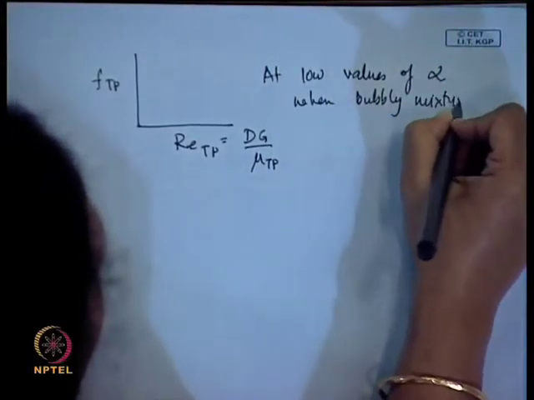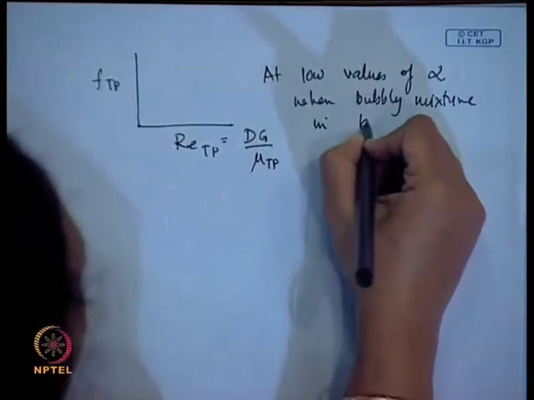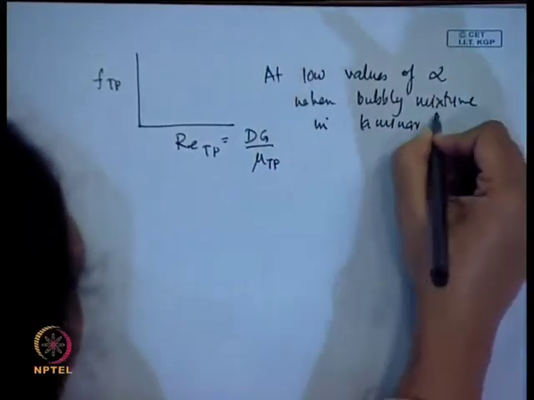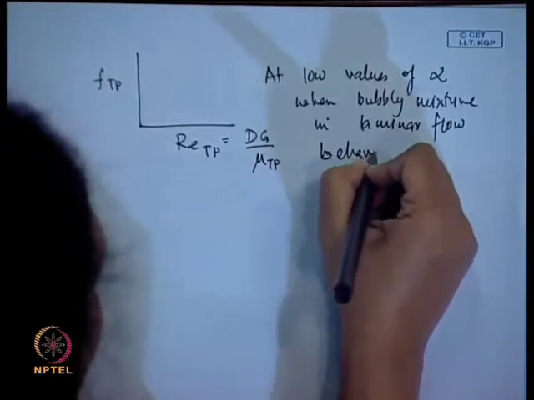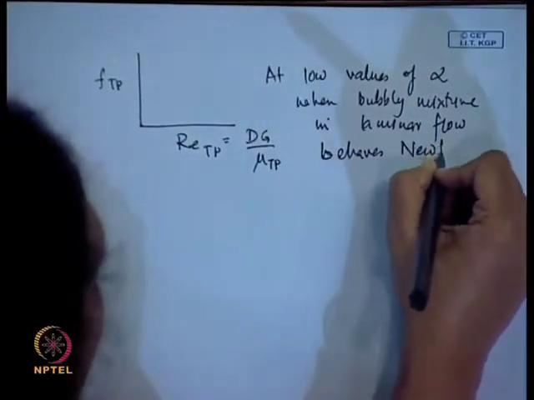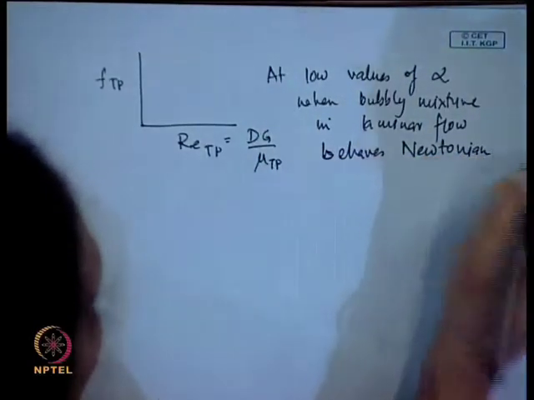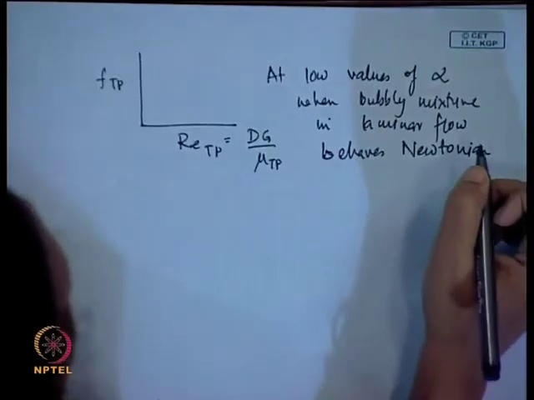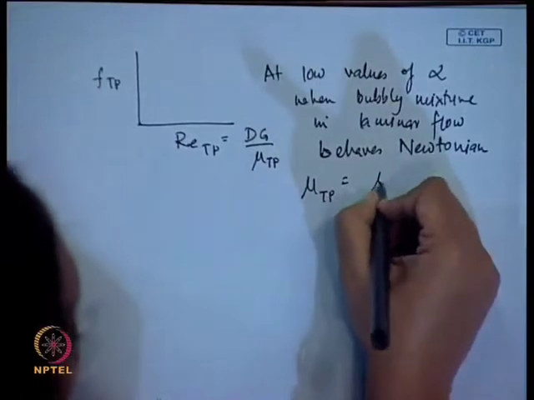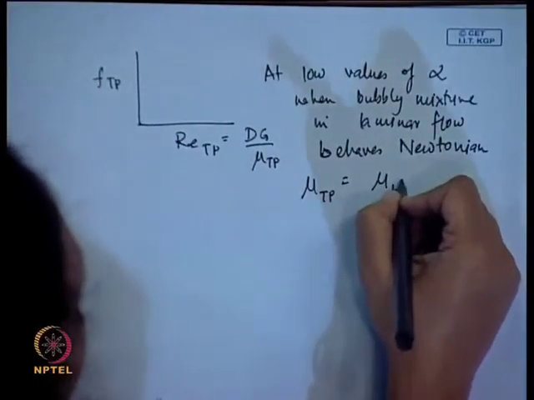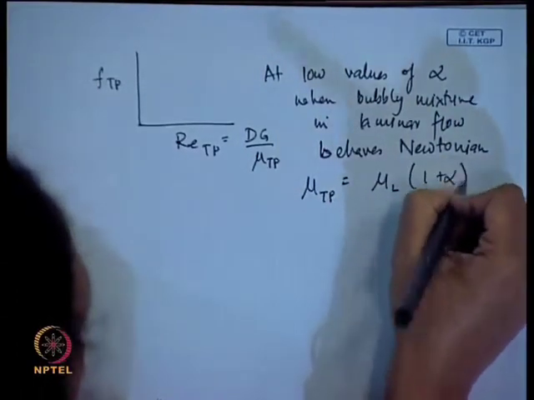in laminar flow behaves Newtonian. So, at low values of alpha, when bubbly mixture in laminar flow behaves in a Newtonian fashion, under that condition we know mu_TP can be written down as mu_L, or mu_1, into (1 plus alpha).